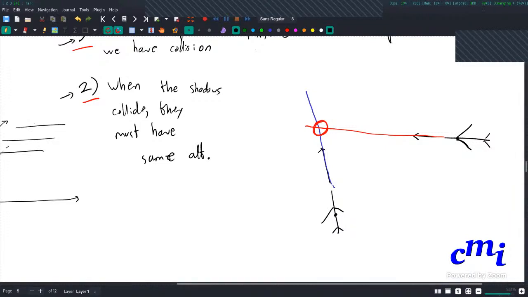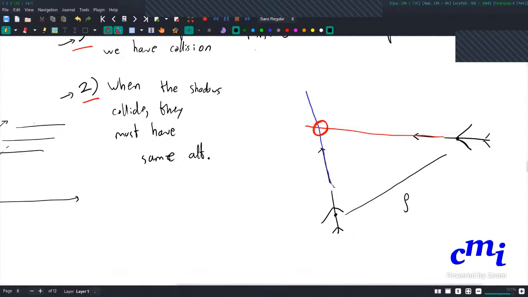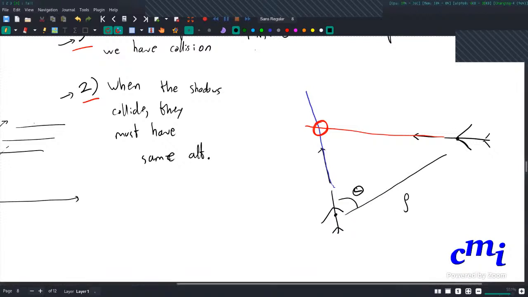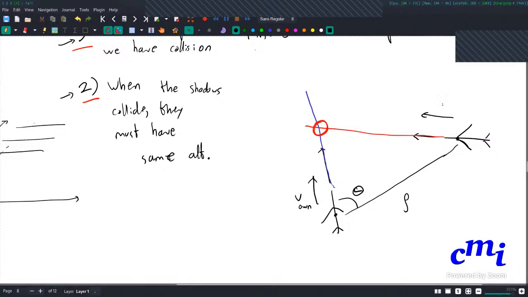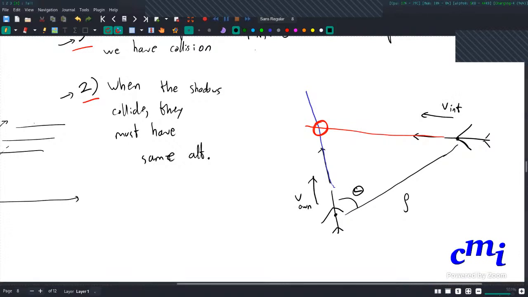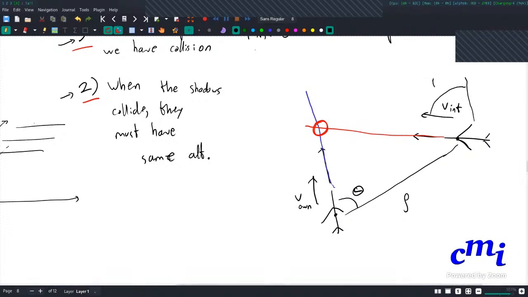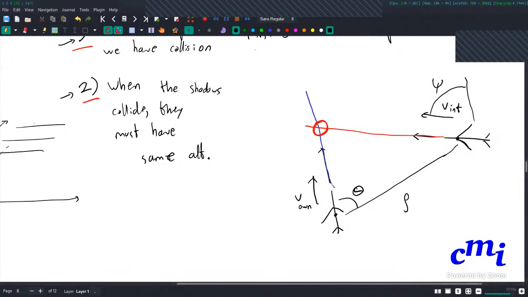The relative position is given by the distance and the angle, so rho and theta give us the relative position of the aircraft. Then we know the two speeds of the aircraft. So we have this speed and this speed, both of these things we know. And we also know the angle in which this particular aircraft is traveling.